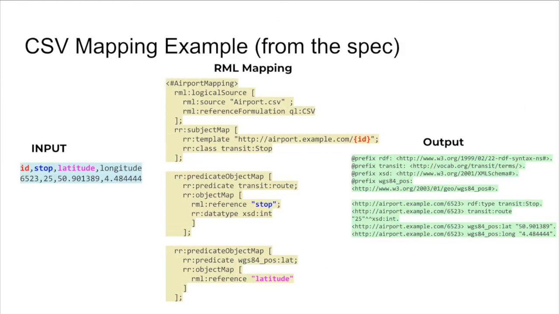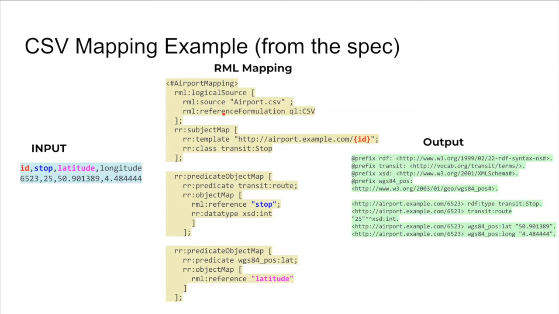So what it looks like is this. Here's our input. For example, you have an ID number of this, a stop number of this. I don't know what these are, I guess these are airport codes. Latitude is this number and longitude is this number. This is what an RML mapping file looks like.